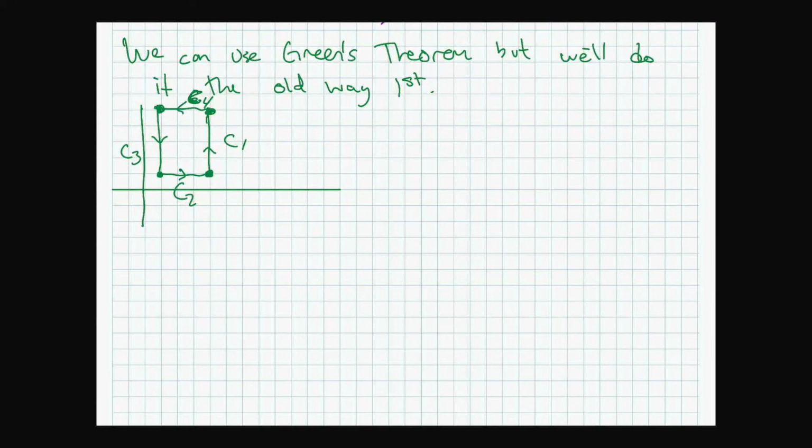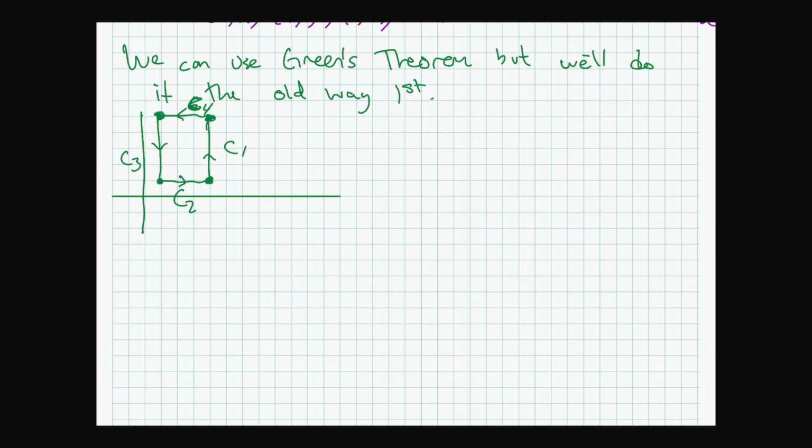Now, I could parameterize each piece, and actually I will right now because we're trying to do this relatively quickly. For my parameterization for C1, I could use r of t. What I can see for C1 is that the x value is just stuck at 4.